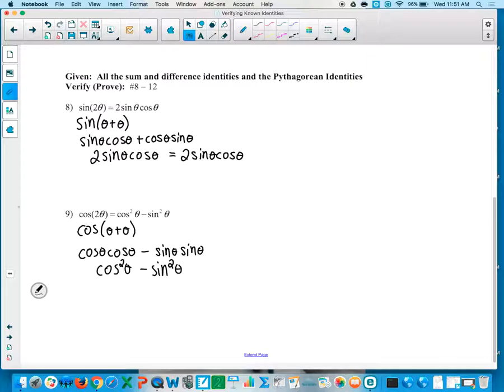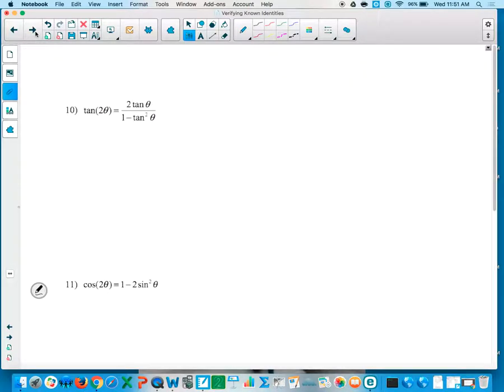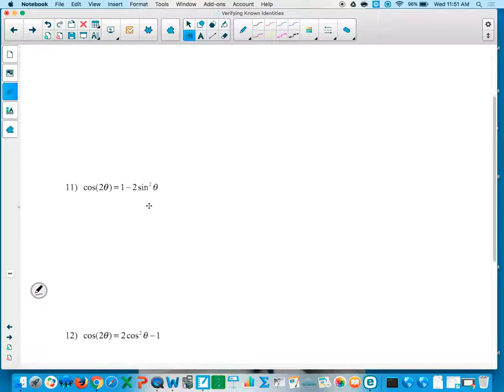And then we're going to use some other identities to change that around a little bit. So I'm actually going to skip over number 10 and go right to 11 and 12 because those are similar to what we just did.